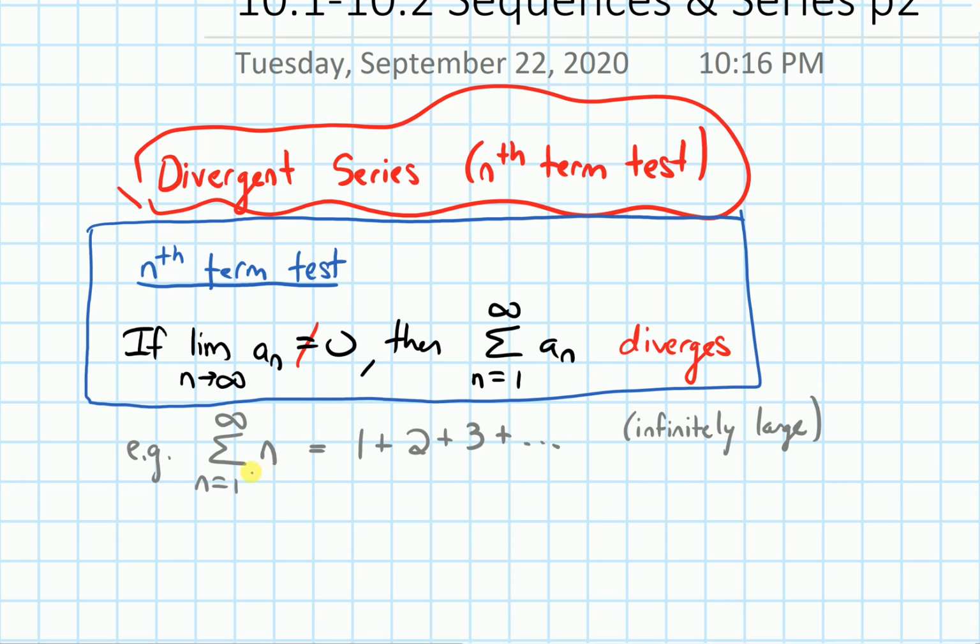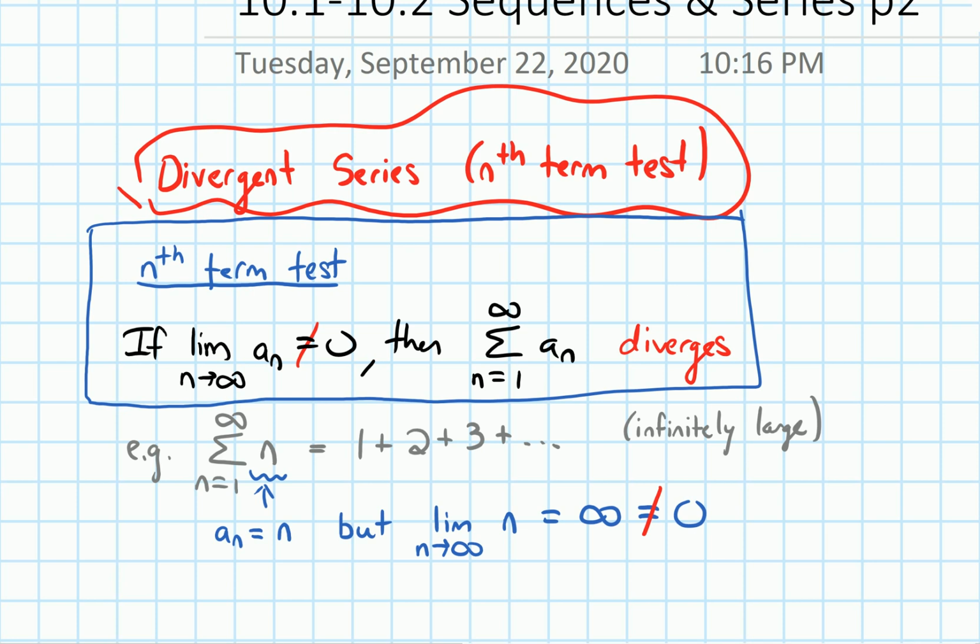Okay, so this right here is our a sub n. This is the formula for the terms, a sub n equals n. The way I could use the nth term test to figure out that this diverges is to take the limit of the terms, the limit as n goes to infinity of n. Well, this limit is infinity. And what the nth term test says is, well, is that 0? In this case, infinity is not equal to 0.